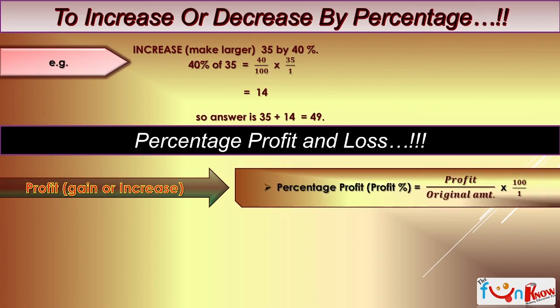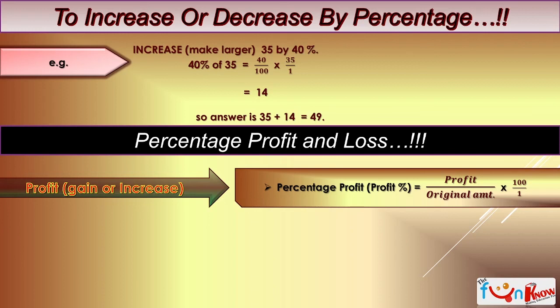Profit means gain or increase, so there is a formula for that. Percentage of profit is whatever profit you are getting upon the original amount you have already invested in that business.